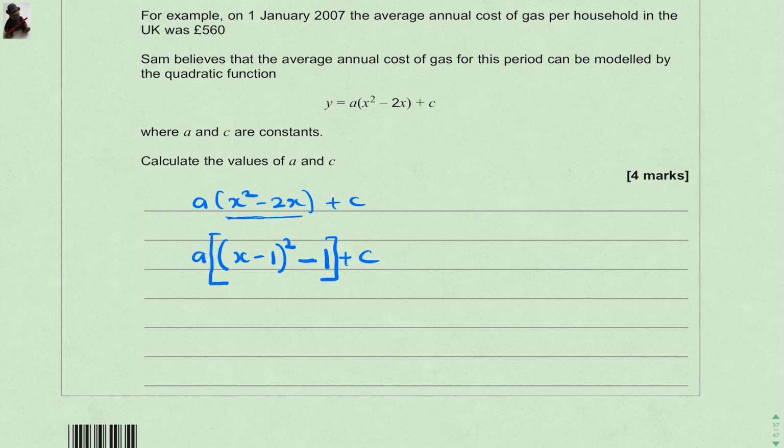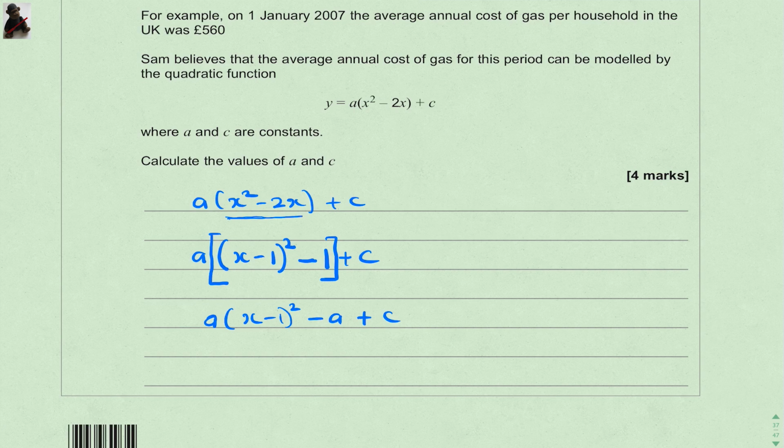Now that we've done that, what we need to do is open the square bracket and multiply everything by a except c. So you're going to get a into bracket x minus 1 squared minus a plus c. So now this is the completing the square solution.